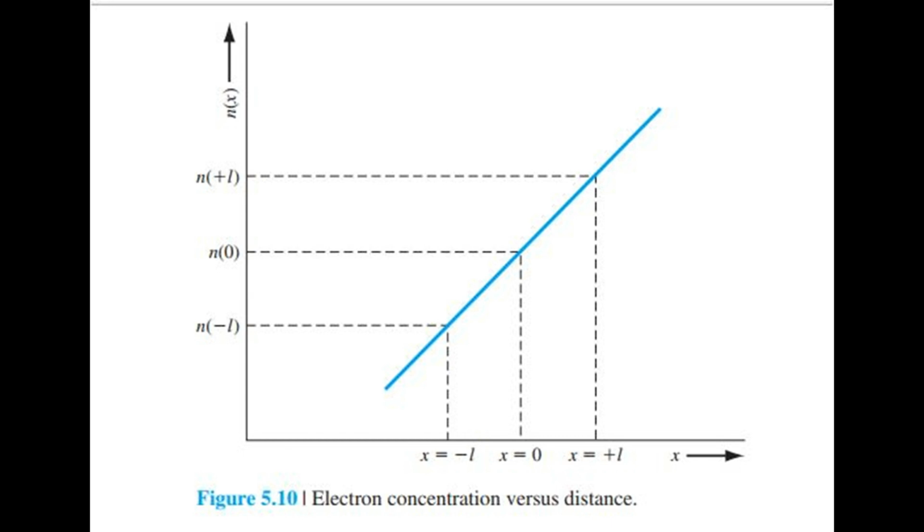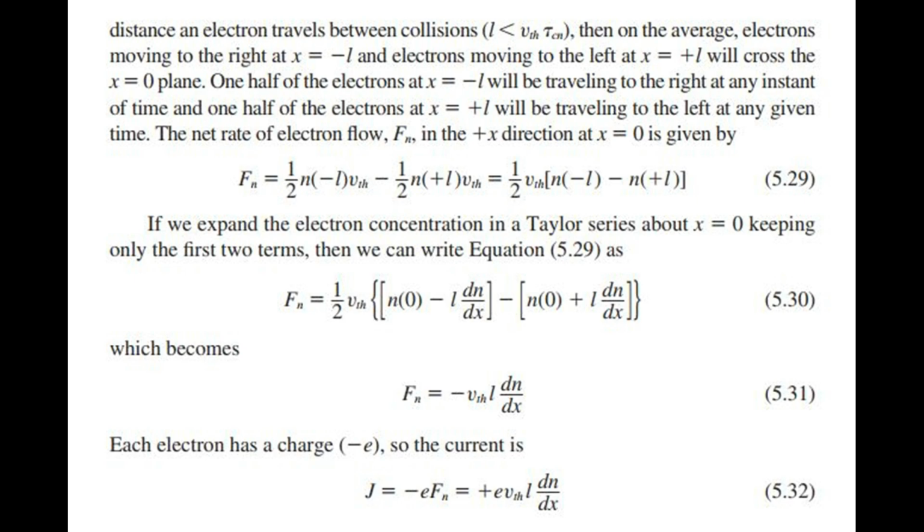Figure 5.10: Electron concentration versus distance. 1/2 of the electrons at -L will be traveling to the right at any instant of time and 1/2 of the electrons at +L will be traveling to the left at any given time. The net rate of electron flow, Fn, in the x direction at x0 is given by.